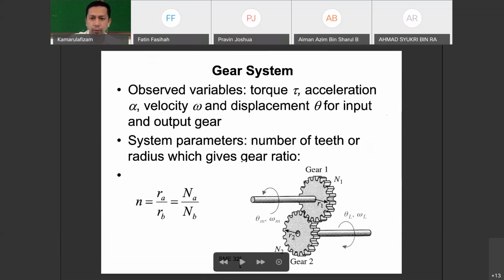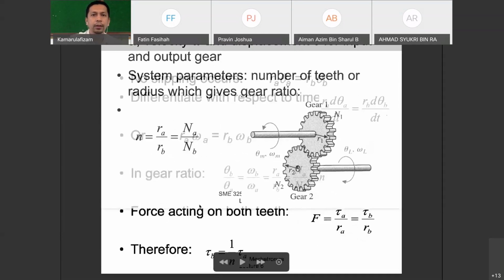So you have gear 1 and gear 2, one will be the driving gear, the other will be the driven gear, and you have angular velocity and angular displacement from the driving side to the driven side. Alright, and the ratio is basically something you can take from the radius or the number of teeth.